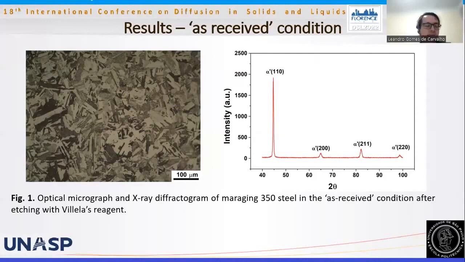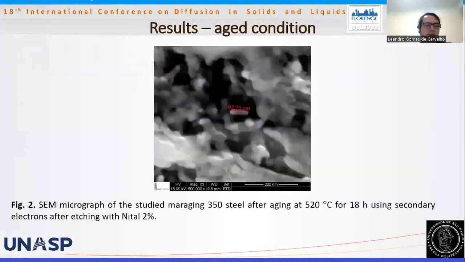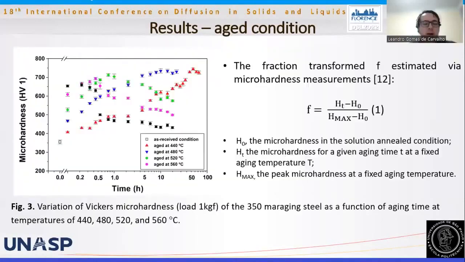for X-ray diffraction. During age, several precipitates could be formed in maraging steels. Figure 2 shows the presence of nanometric cylindrical precipitates at 520 Celsius degrees for 18 hours, probably Ni3Ti, as a consequence of the precipitation reaction in the hardening of the martensite structure during age.